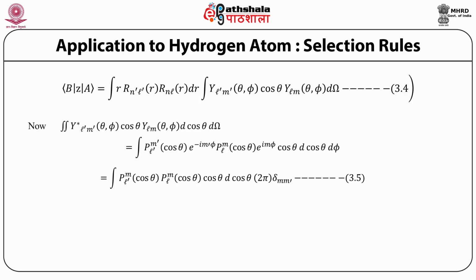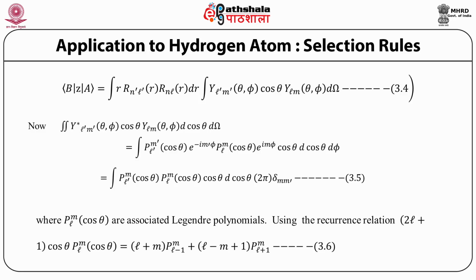So we have an integral over P m L prime and P m L of cosine theta multiplied by cos theta d cosine theta, and the d phi integral has made both the m's the same, m equal to m prime, with the delta function delta m m prime, and gives us a factor 2 pi in addition, and this is equation 3.5.